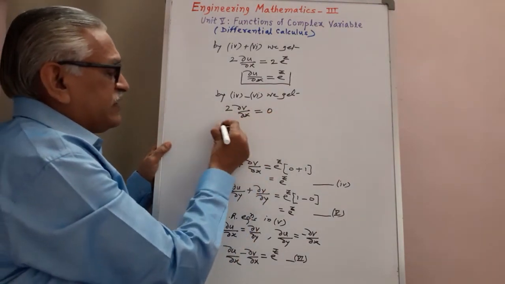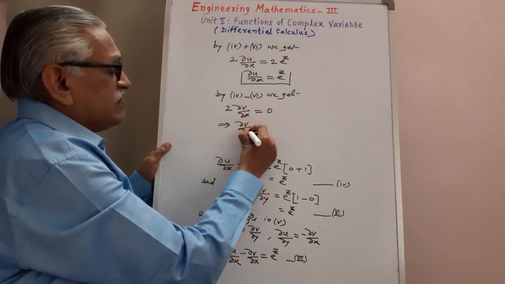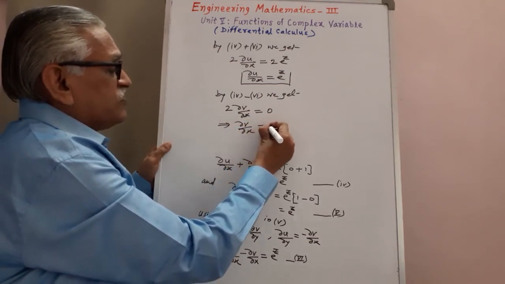Dividing by 2, we get dou v by dou x is equal to 0.